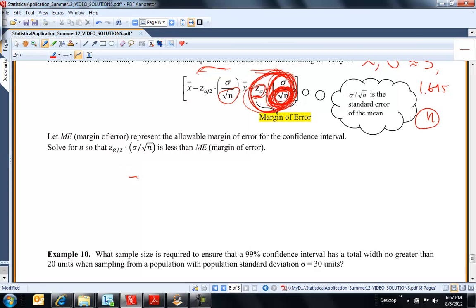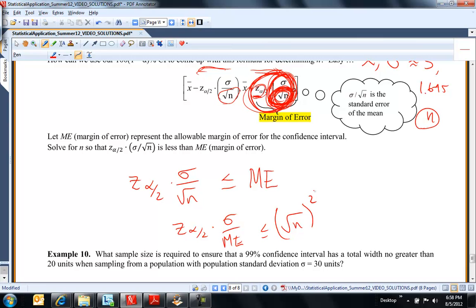So you can get a formula for this. You would just take z of alpha over 2 times sigma divided by square root of n, and say I want that less than or equal to some margin of error. I'll just call it ME. Solve for capital N, and you'll get z alpha over 2 times sigma divided by ME is less than or equal to square root of n. This is positive, so that's legal to cross multiply.